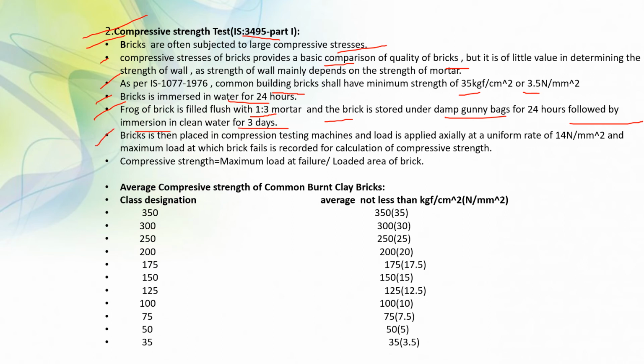The brick is then placed in a compression testing machine and load is applied axially at a uniform rate of 14 Newton per square millimeter, and the maximum load at which the brick fails is recorded for calculation of compressive strength. Compressive strength is equal to the maximum load at failure divided by the loaded area of the brick.